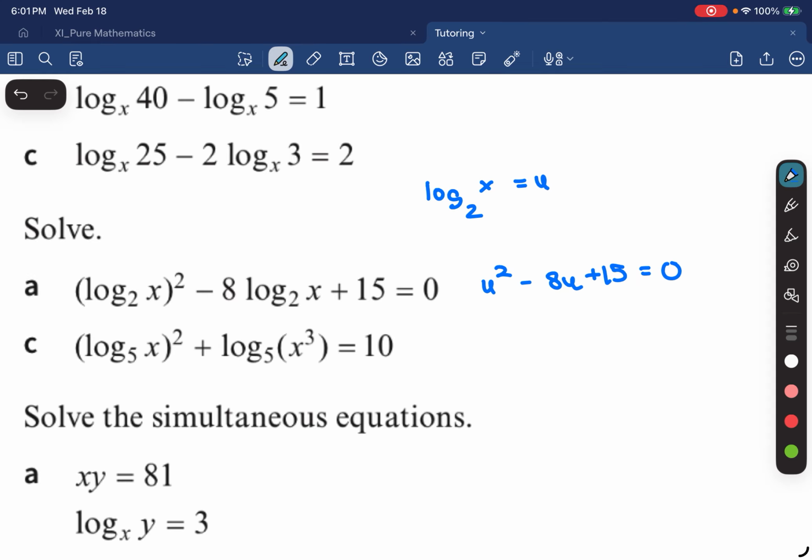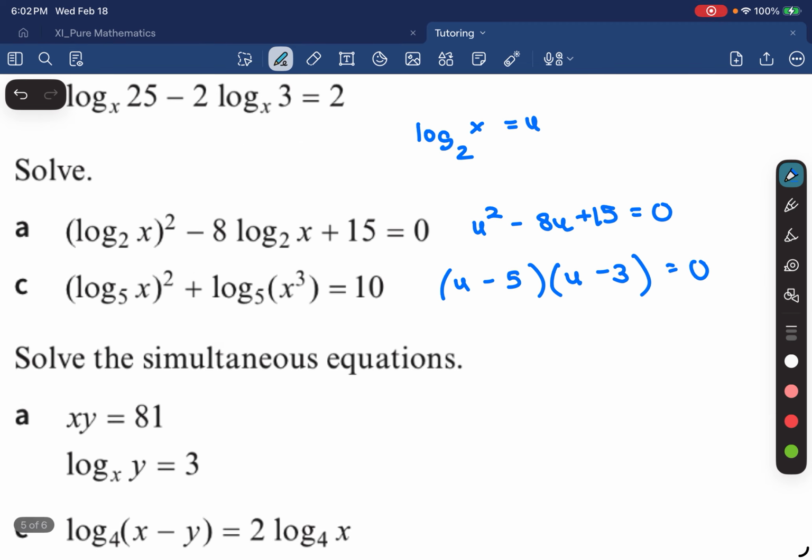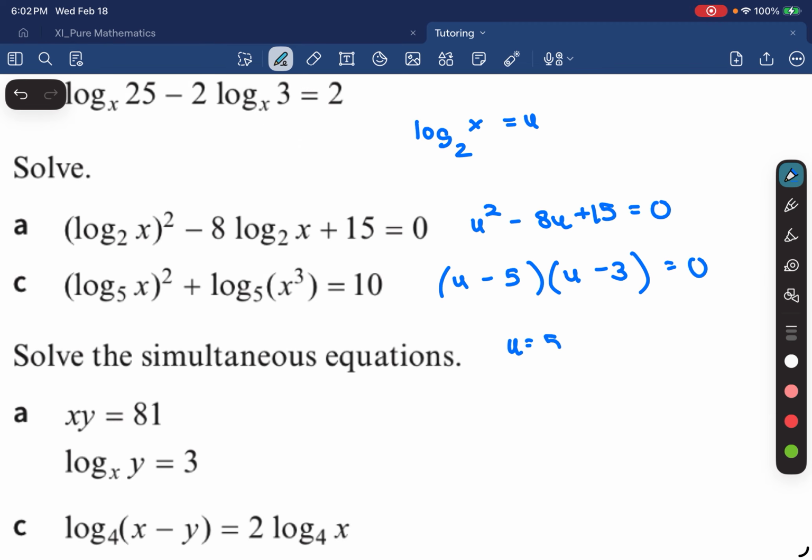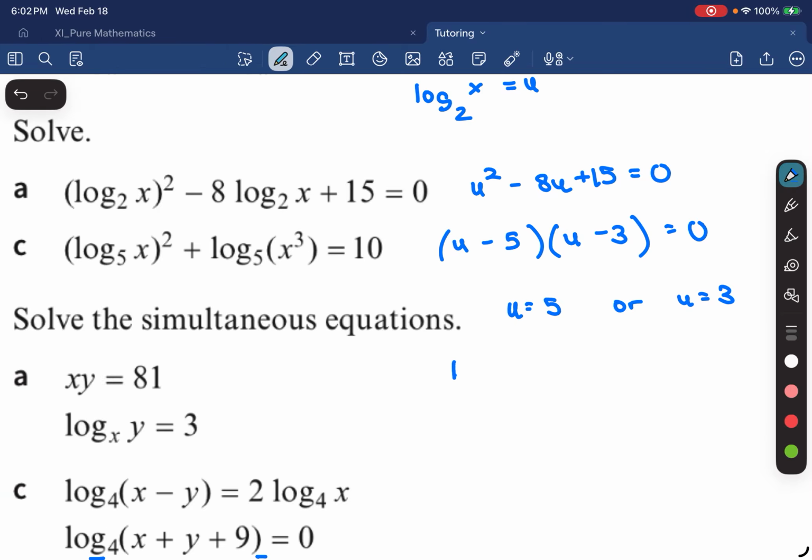And now, I can solve this. I can actually factorize for u. And u, I believe, minus 5 and minus 3. u times u is u squared, minus 3u minus 5u, that is minus 8u, plus 15 is equal to 0. So u is equal to 5 or u is equal to 3. And u is just log base 2 of x, so log base 2 of x is equal to 5 or log base 2 of x is equal to 3.